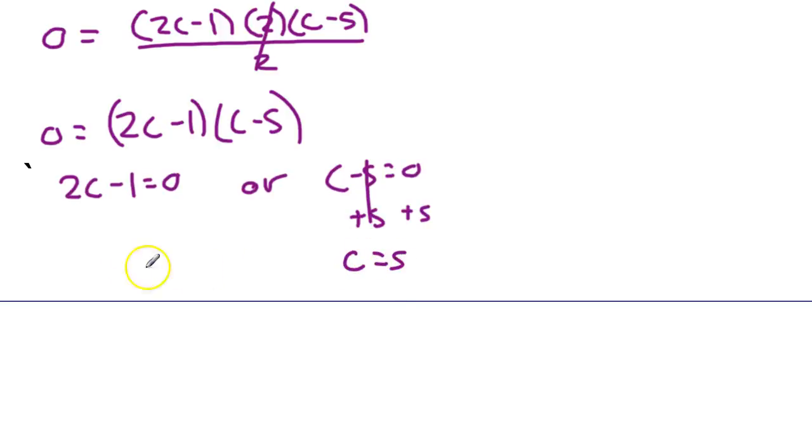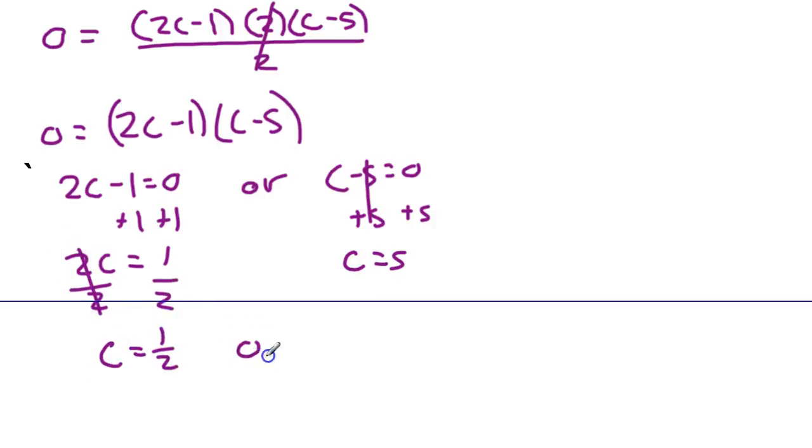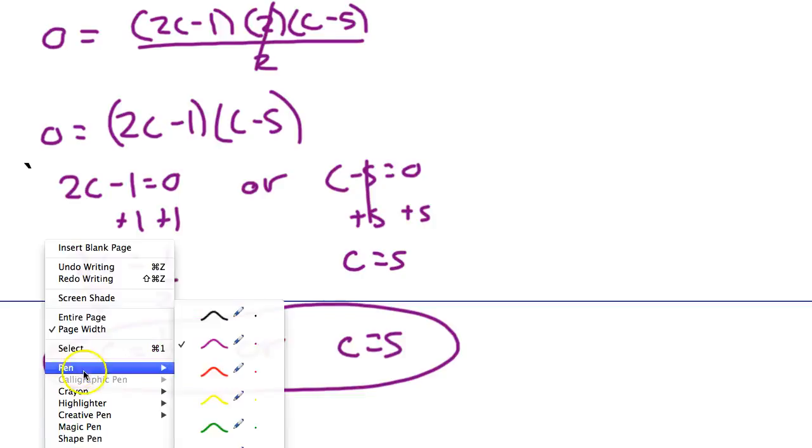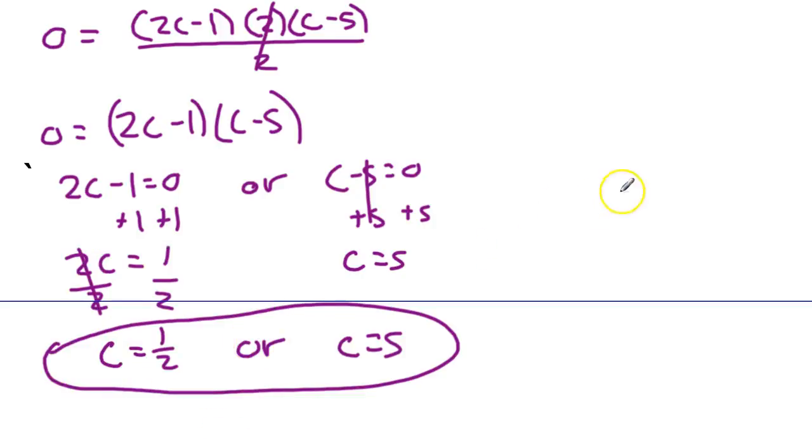C equals 5. Over here I do plus 1 plus 1. 2c equals 1. Divide by 2, divide by 2. C equals 1/2, or C equals 5. There we go. Example 1. Done.